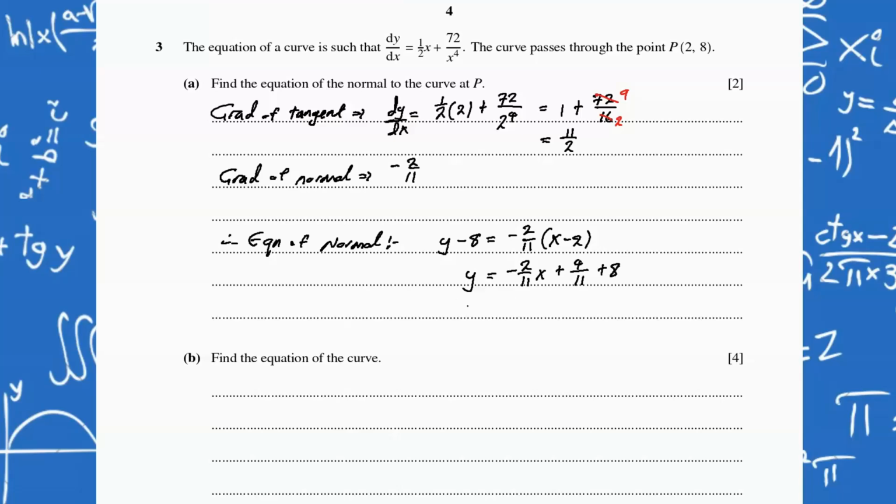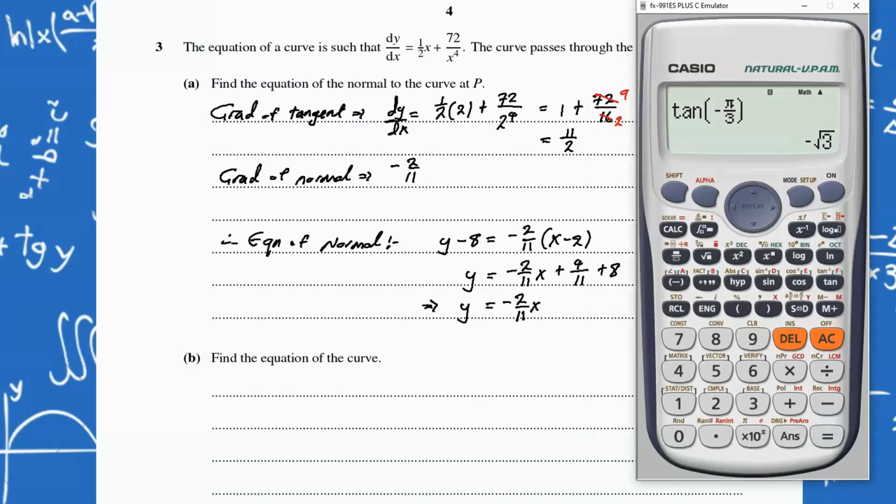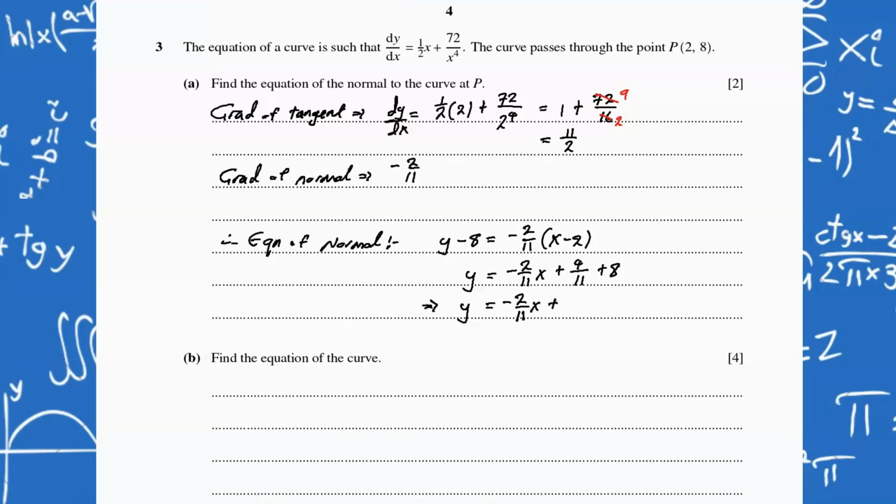So the final answer is y equals minus 2 over 11 of x, and 4 over 11 plus 8 gives 92 over 11, so it's plus 92 over 11. So what we have right now is the equation of the normal to the curve. Let's go on to part B.